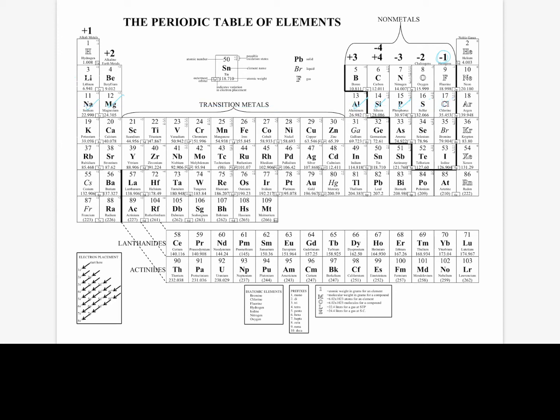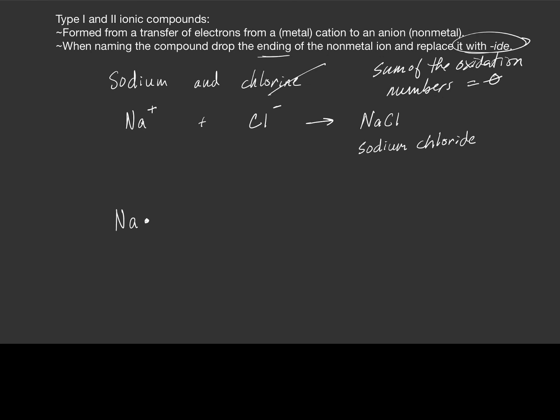So let me back this up, clean this up, get that out of the way. We come back here, and we know that the chlorine already has 1, 2, 3, 4, 5, 6, 7 valence electrons. And so what is going to happen is this electron is going to be transferred over from the sodium to the chlorine.